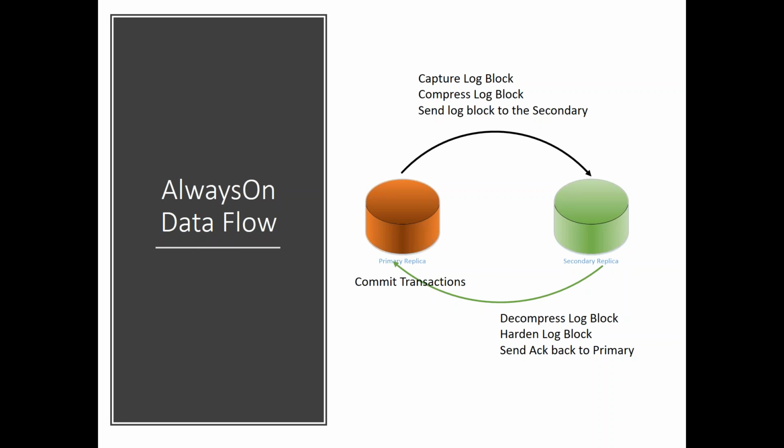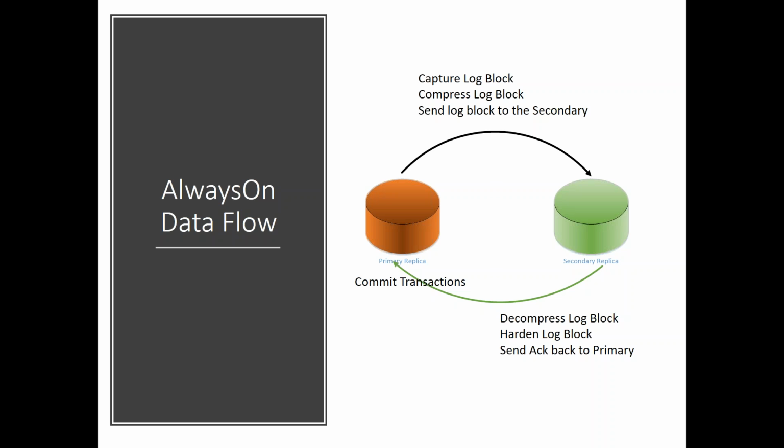Then the second thing which can come up as a latency is the network latency, wherein it takes time to send the packet from the primary to the secondary replica, right? The third latency can be on the secondary side, wherein again you could have a CPU issue, or a potential disk issue on the secondary, wherein it takes time to harden the logs in the log file, right?